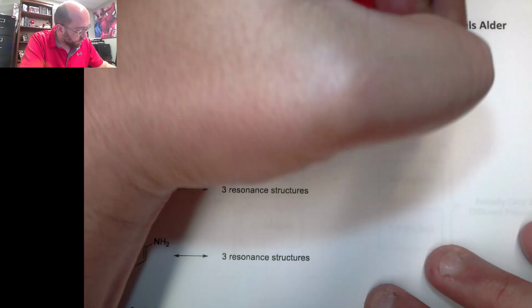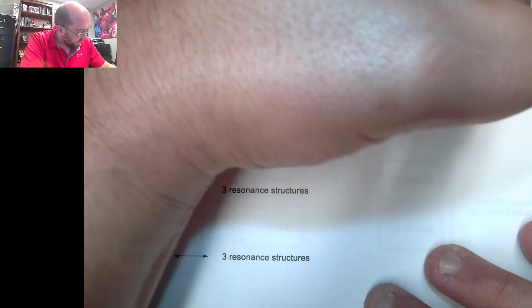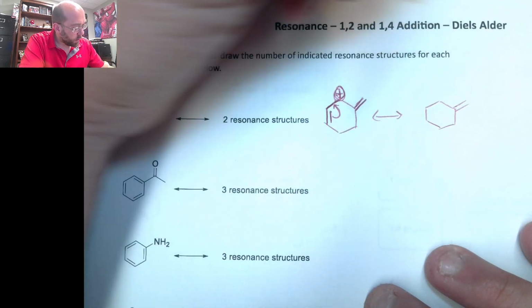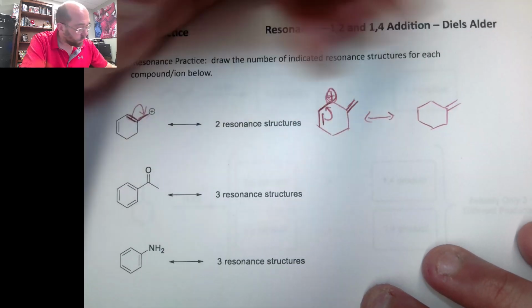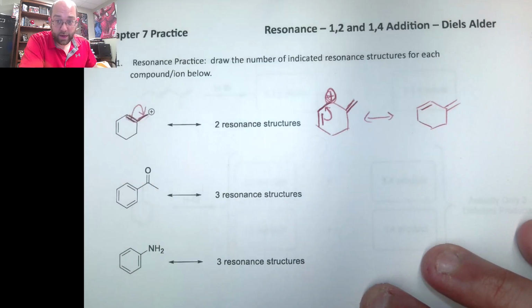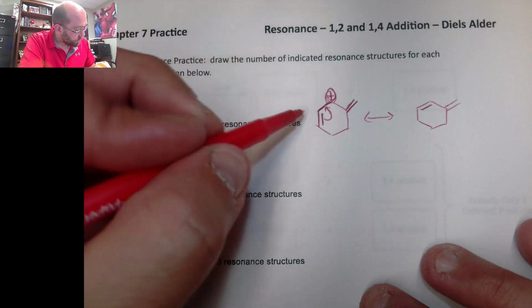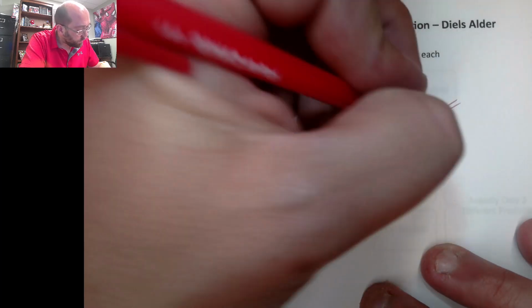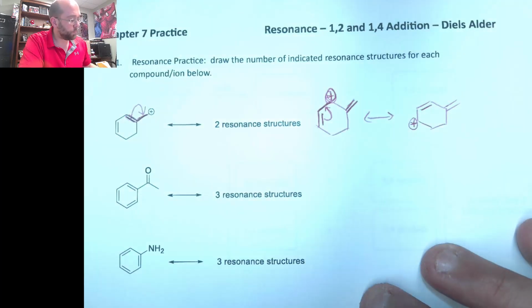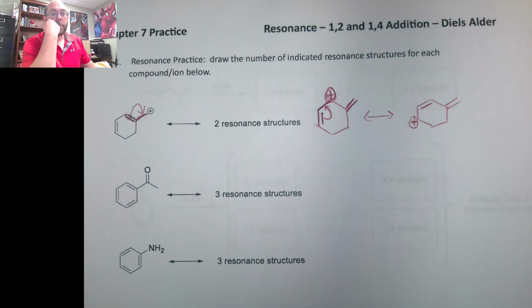And that would give us our second of the desirable resonance structures. So now the double bond is going to be here. So we want to put it right there. And our plus charge should be at this carbon, right? Because it lost the pi bond. Like so.